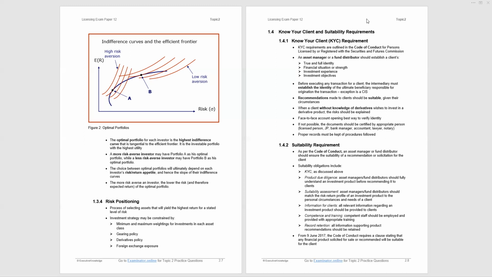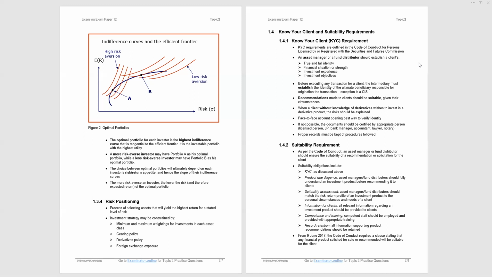Before buying or selling, executing any transaction, the intermediary must establish the identity of the ultimate beneficial owner, the ultimate beneficiary that's responsible for the transaction. The exception is a collective investment scheme, because if you are buying or selling for a collective investment scheme, you do not have to go beyond that and find out who the contributors are to the scheme.